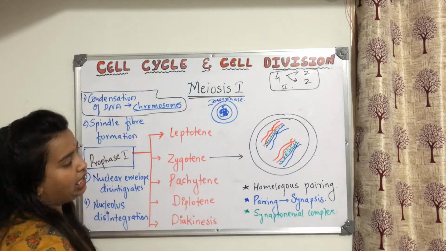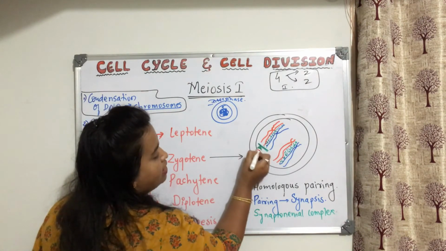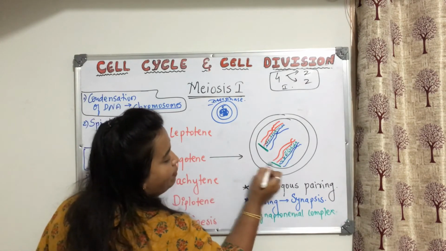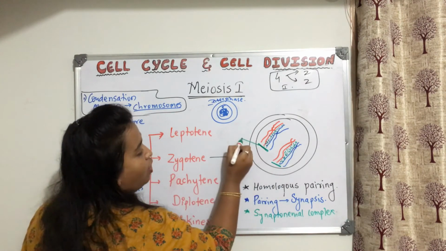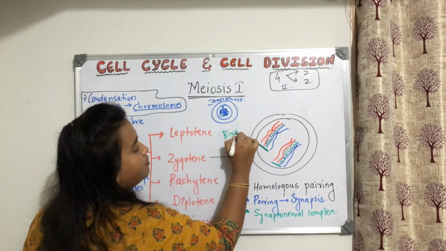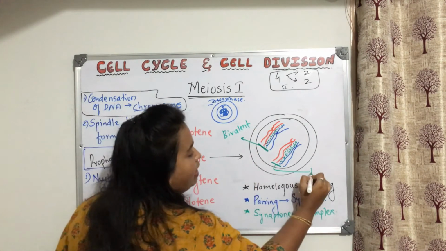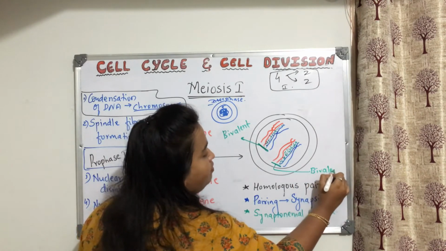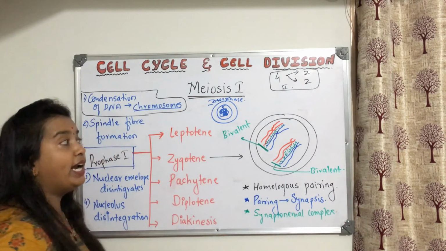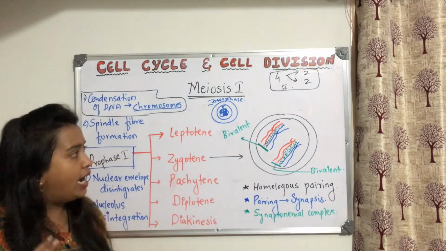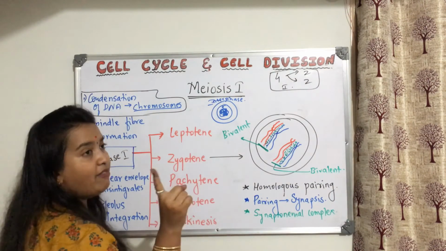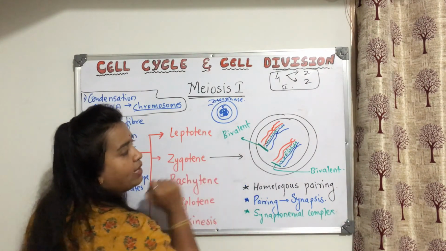Now if you see, this is one pair and this is one pair. This is called a bivalent. What do we call it? Bivalent. And this is also one bivalent. Now don't get confused with the term bivalent. I'll tell you what a bivalent is. Bivalent means two chromosomes together.